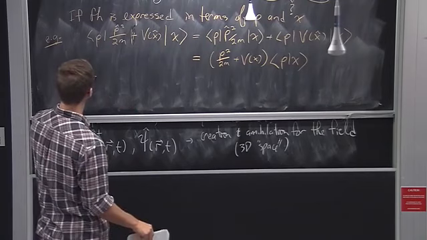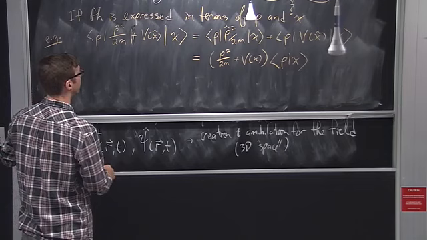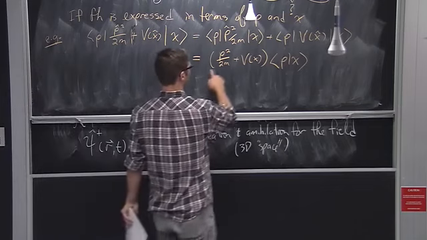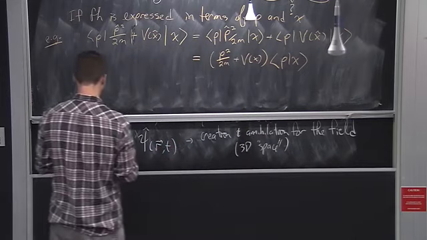But now what I do is I can write the matrix element, okay, just with the Hamiltonian. So this is just the Hamiltonian evaluated. It's just a scalar quantity now, right?